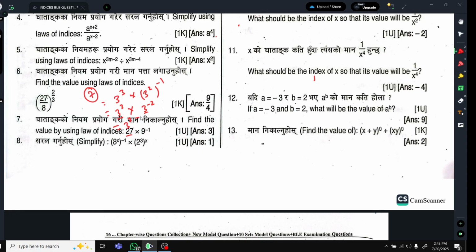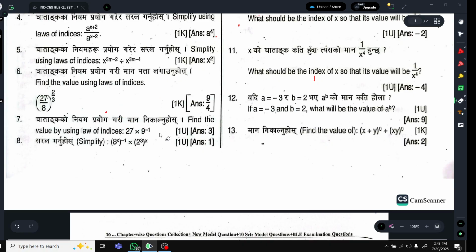Coming to question number 8 now. In question number 8, we have 8x to the power minus 1. So that can be written like 8 to the power minus x, since 8x minus 1 will become minus x. And this one, 2 to the power 3 into x, will be written as powers multiplied, 2 to the power 3x.